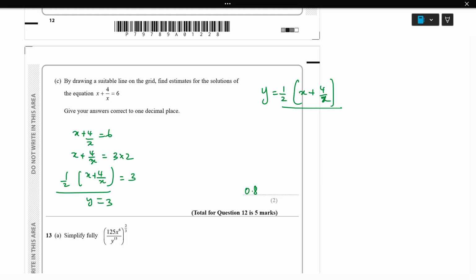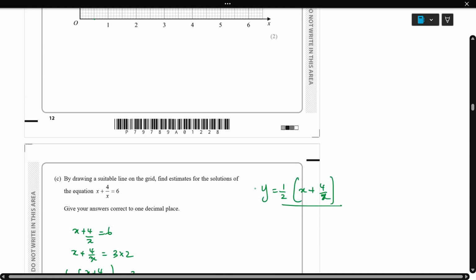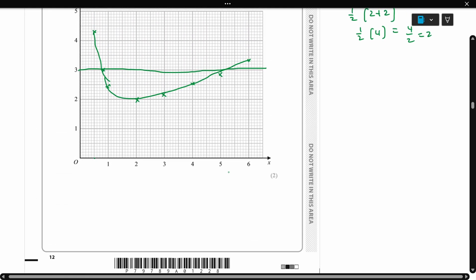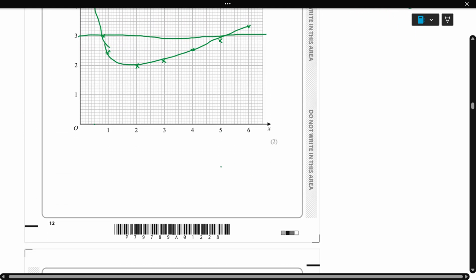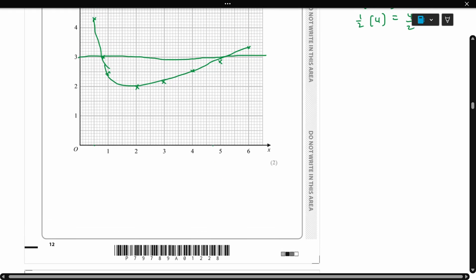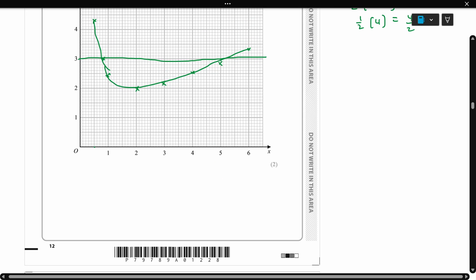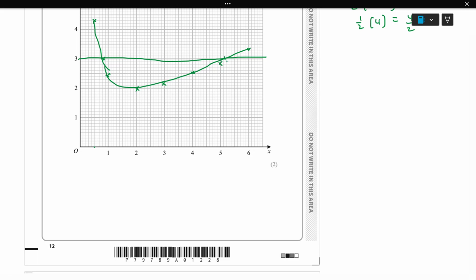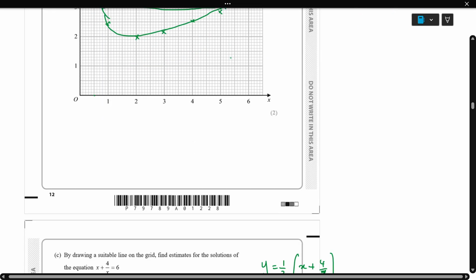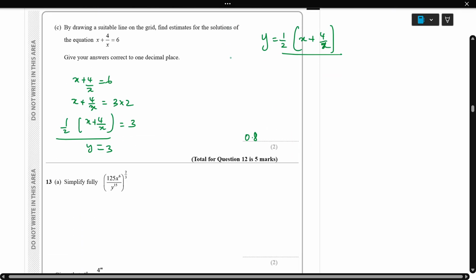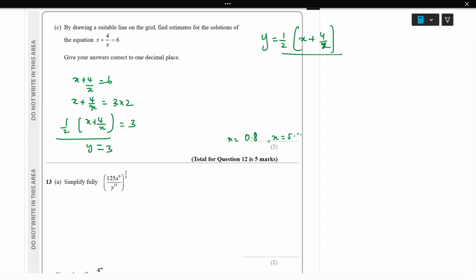Another solution is going to be after 5, 5.2. So it is here, like 5.2. So x equals 0.8 and x equals 5.2. Those are the solutions.